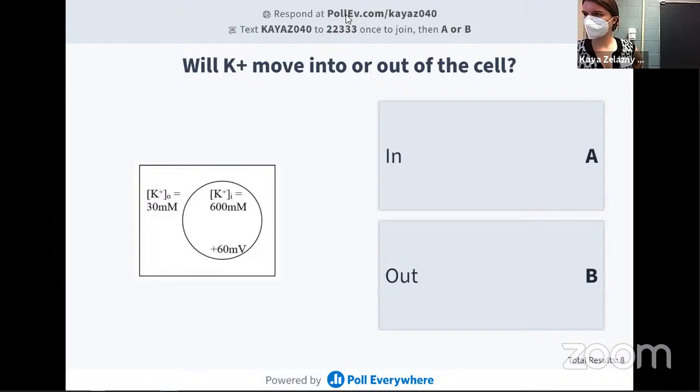So what we're doing here, right? We're picking the directions of our two forces, right? So which direction is our chemical driving force, out or in? Yep, CDF is out. All right. What about our electrical driving force? What direction is that? Great. Yeah, so they're in agreement.